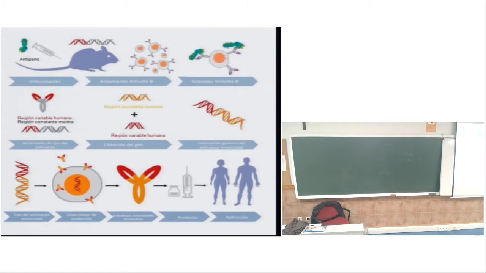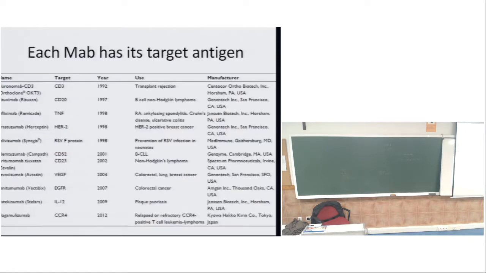To synthesize monoclonal antibodies, as you can imagine, each monoclonal antibody has its own target. And you can see it here. These are different monoclonal antibodies with a target, and this target is playing some kind of role in different kinds of diseases. We are not talking just about cancer, but also about autoimmune disease, like rheumatoid arthritis.